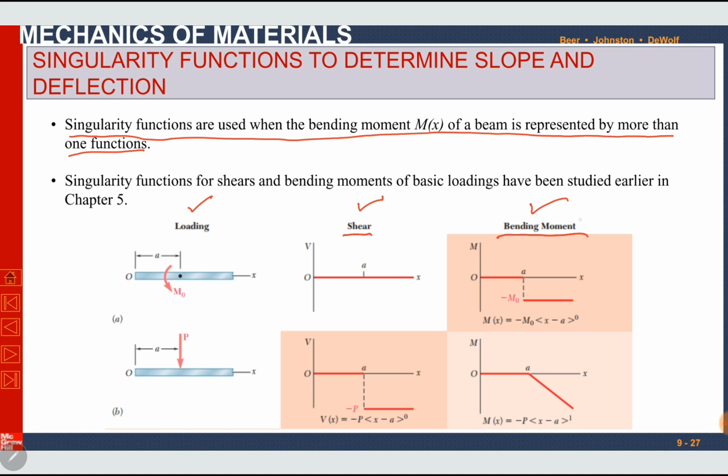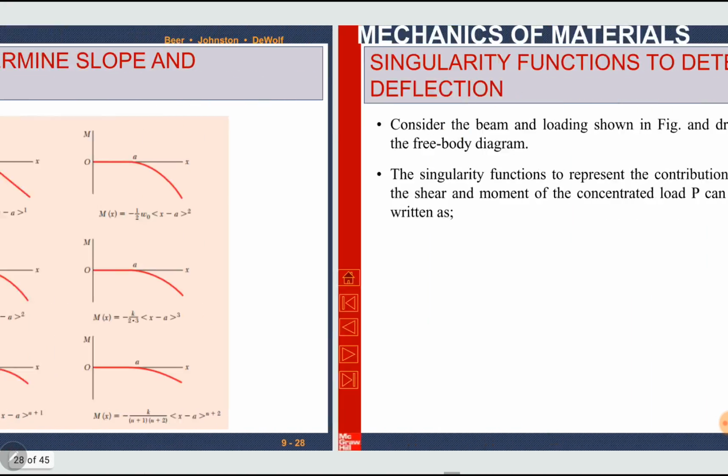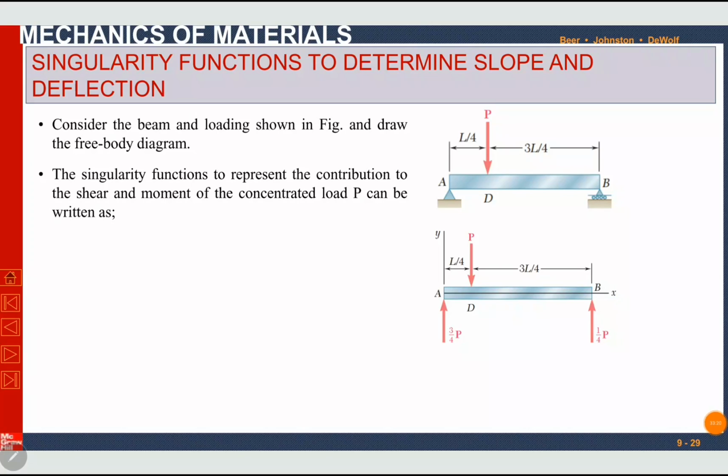What we need to do is find the bending moment function from this table, and then we can integrate the bending moment function twice to calculate slope and deflection. Okay, how do we do it? Here we have a beam. We have to find shear force, slope, and deflection.